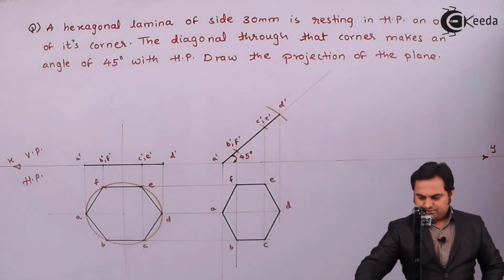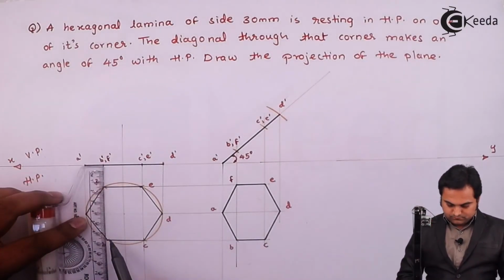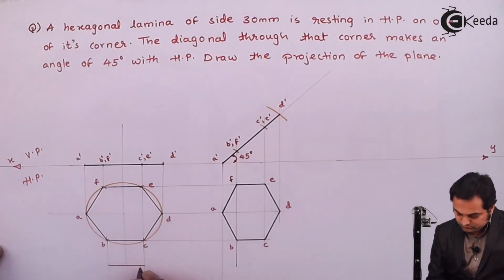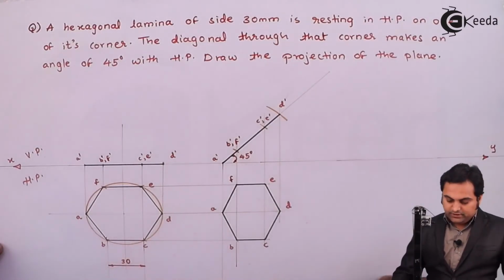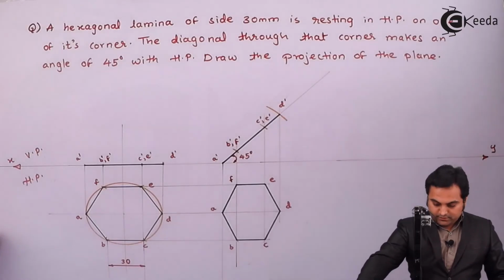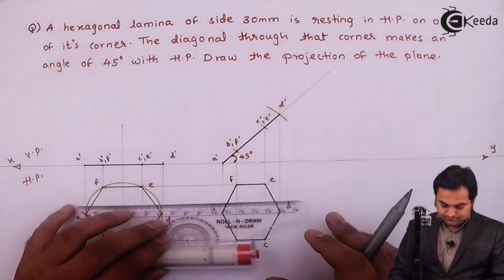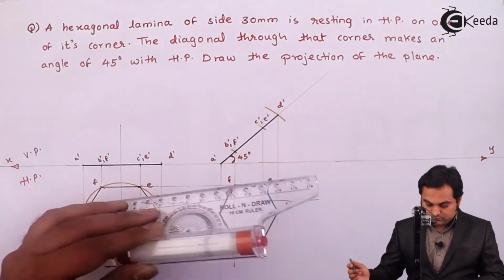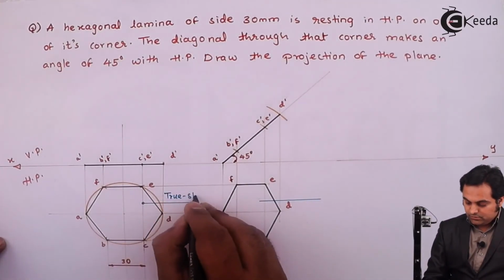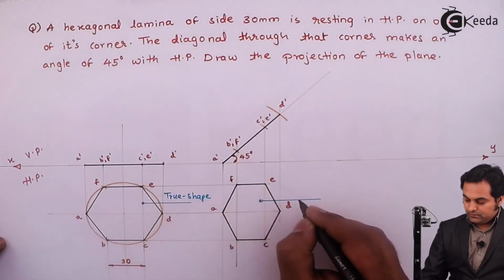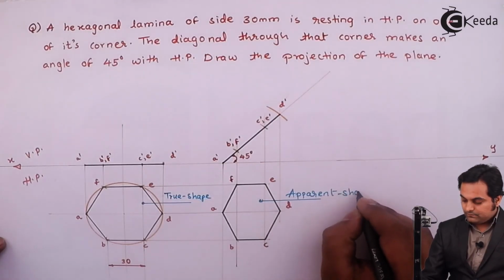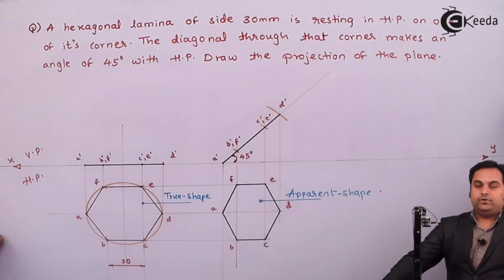So giving the dimensions here, 30 mm side. Then here I can say that after this, this is the true shape of the hexagonal plane, and here is the apparent shape. And with this we complete the problem.